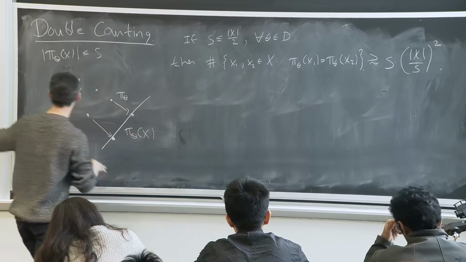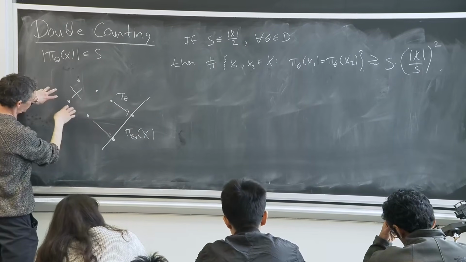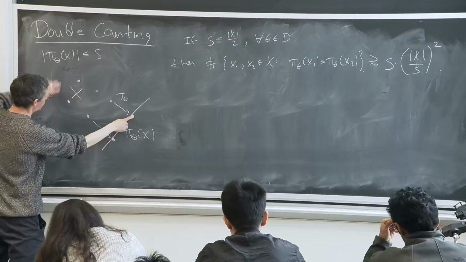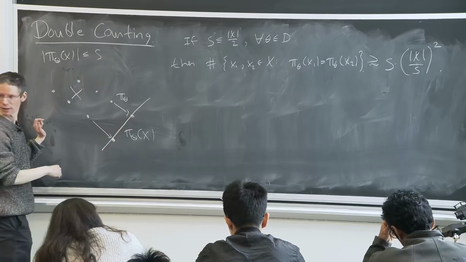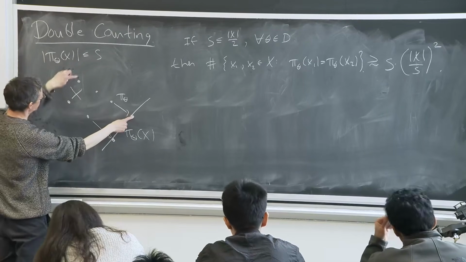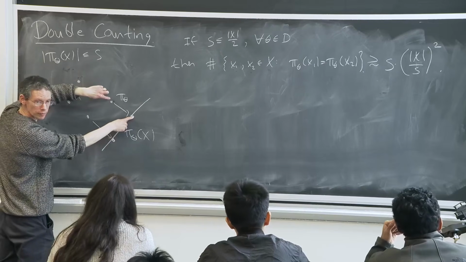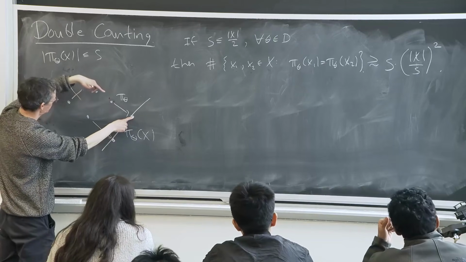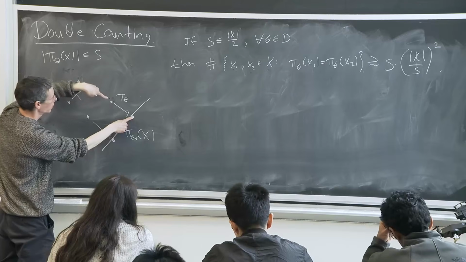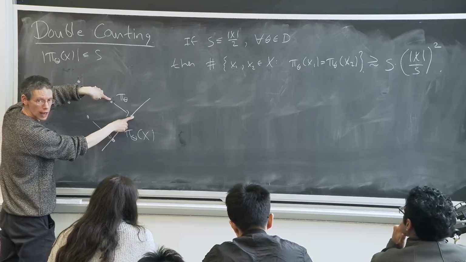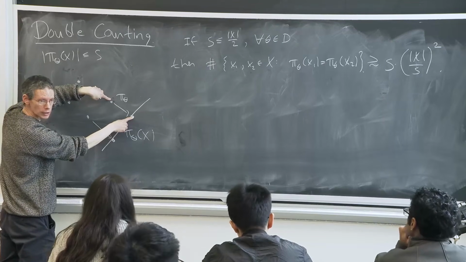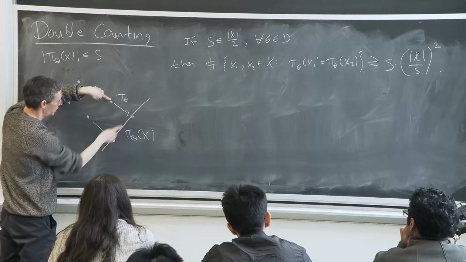Well, imagine first that each point in the projection has the same number of preimages. So each of these points has about x over s points of x sitting above it. And then the number of ways to choose 2 of them would be x over s squared. And that would be true for each of these s points.